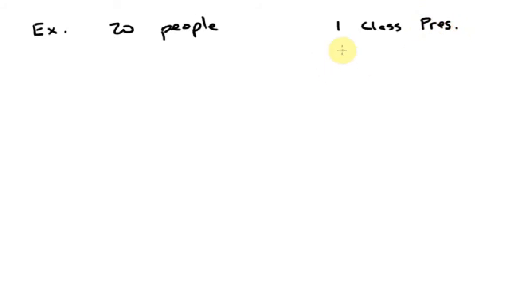Maybe the second one chosen is the class vice president, and the third one could be treasurer or something like that. Okay? So in other words, the order that I pick these 3 people does matter because they have jobs associated with the order they were picked in. But really what I want to do is take 20 people and pick 3.